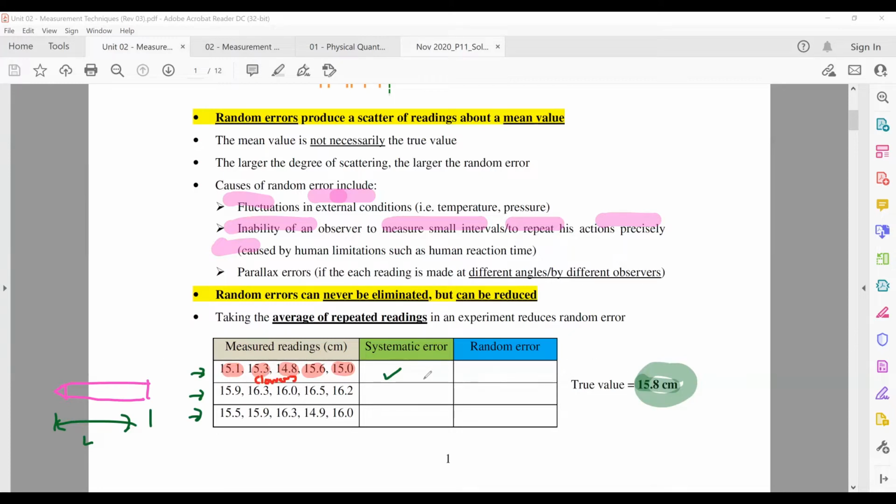So we would say that this is systematic error.